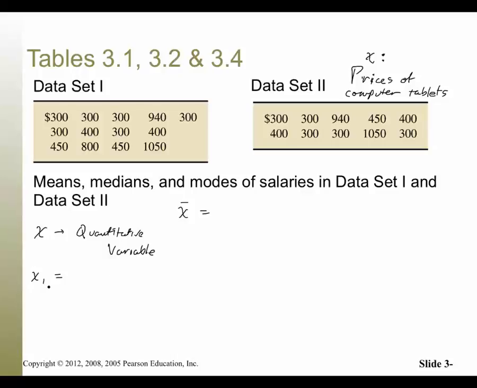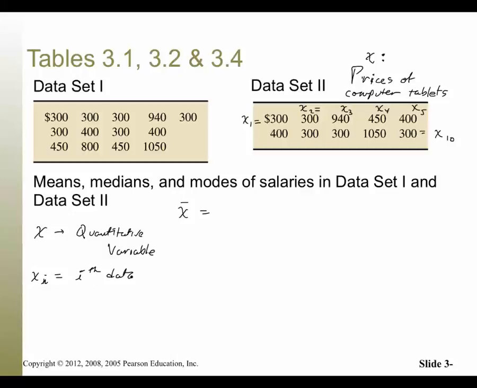Then you can use subscripts to denote each individual one. So this is X1, and then this one X2, the second data value, X3, X4, X5, etc. 6, 7, 8, so there's 10. So this would be X10 here. Then Xi generically means the ith data value.